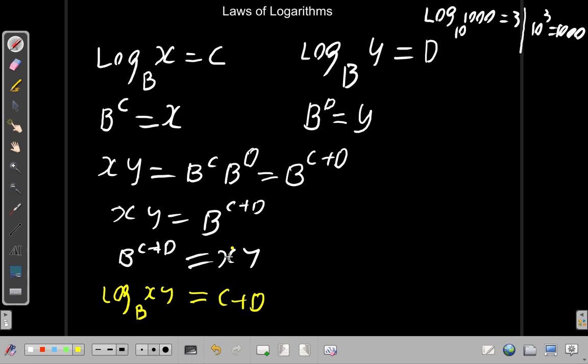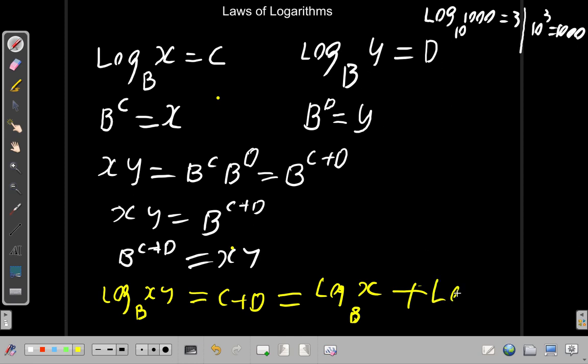But what was c and d again? c was log of x with the base b. So let's rewrite it. Write c as the log of x and the base is b. Just like it is up here. c is log x where the base is b. What was d? You say plus d. But what was d? d is log y and the base is b.